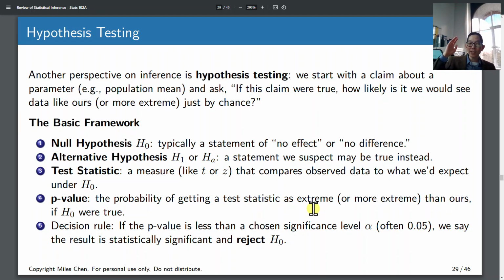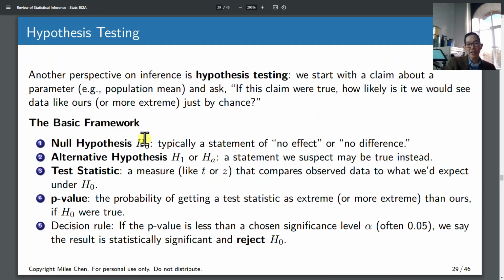And we ask, if this null hypothesis claim were true, how likely is it that we would see the data that we have, data like ours, or something more extreme, just by chance, okay? And so the hypothesis test sets up a framework for us to think about our data, what we would expect, and what we actually do see, and how to compare them.